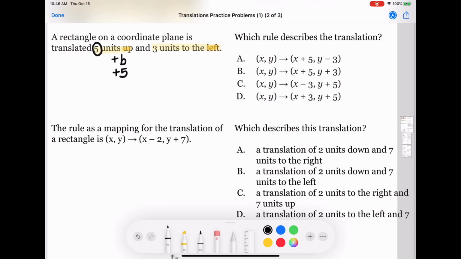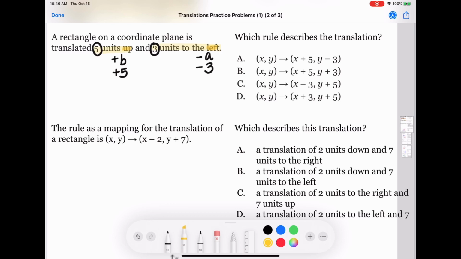We know that in order to represent a horizontal movement, we would use A. Because we are moving to the left, we would use a -A. In this instance, we have been given information that we're moving 3 units to the left, so we would use a -3.